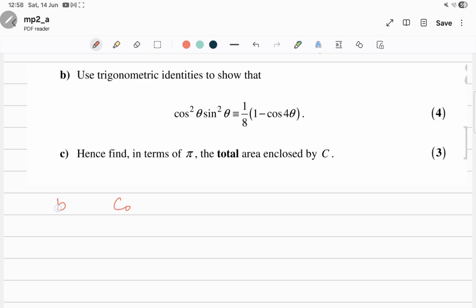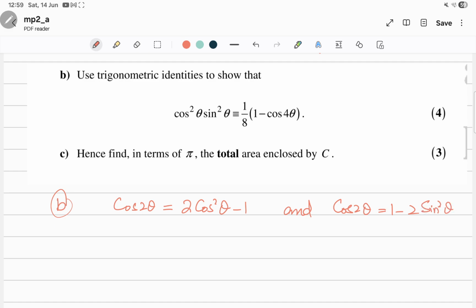Cos 2 theta equals 2 cos square theta minus 1, and cos 2 theta equals 1 minus 2 sine square theta.